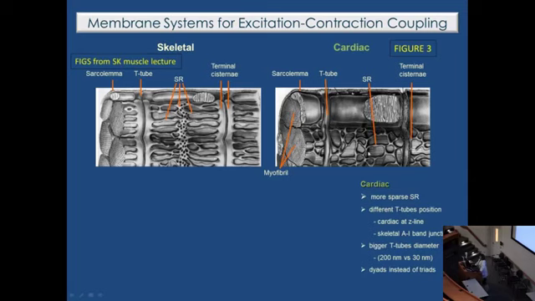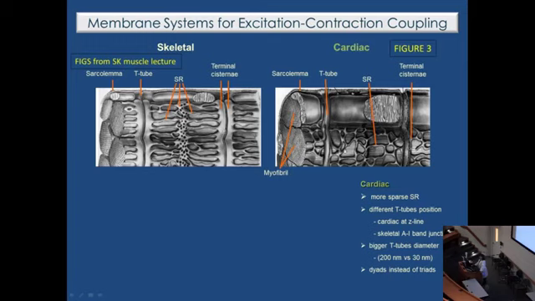You see that now in cardiac, the SR is less dense as compared to the skeletal. There are different localizations of the T-tubules. For the cardiac, they occur at the C line, whereas in the skeletal, they localize at the junction of the A and I band. Also, as you can see here, the diameter of the T-tubules in cardiac is greater, like 200 nanometers compared to 30 nanometers.